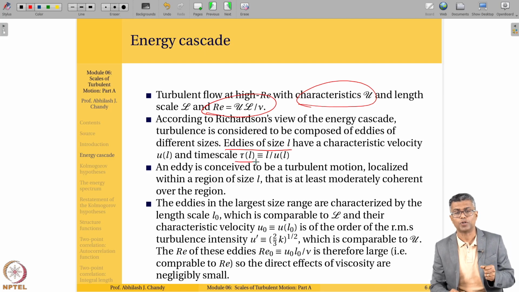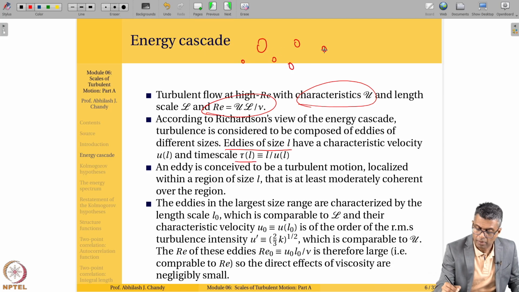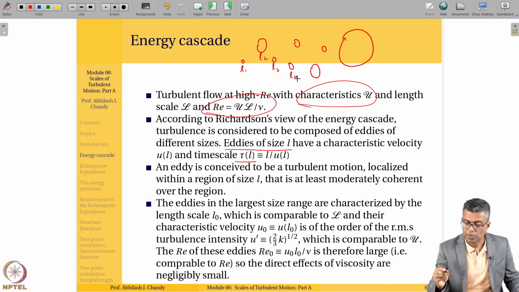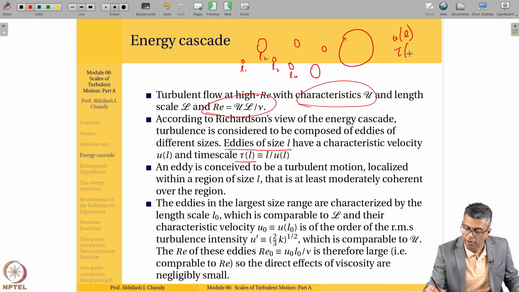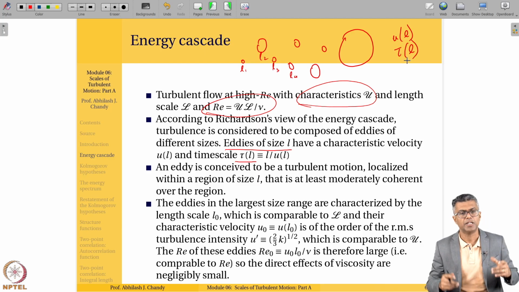So you have multiple length scales, right? So each one has a different l: l1, l2, l3, l4, so on and so forth. So that is why we are saying that u is a function of l and tau is a function of l. l is the length scale of each eddy, each motion.